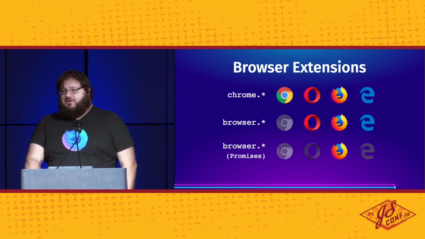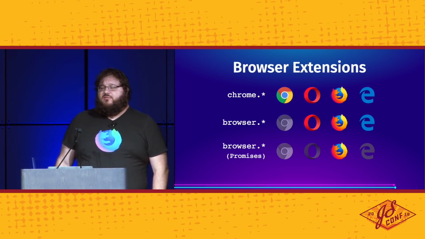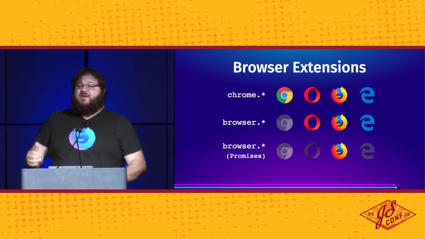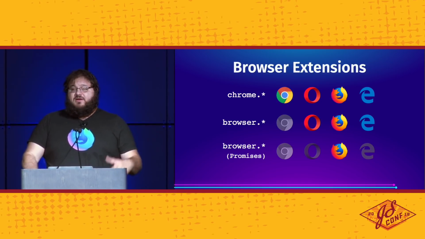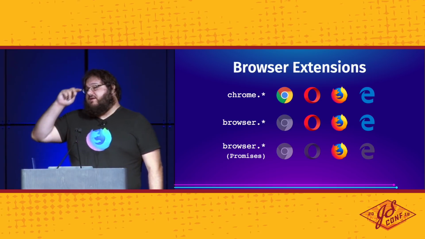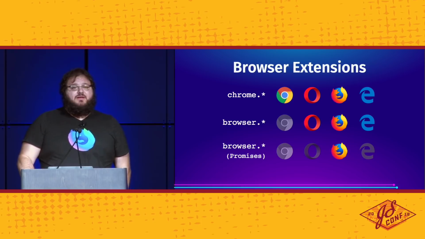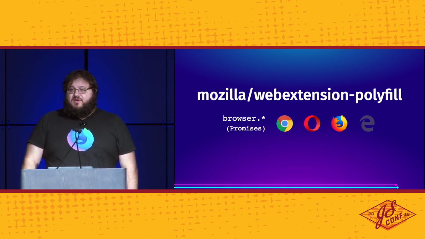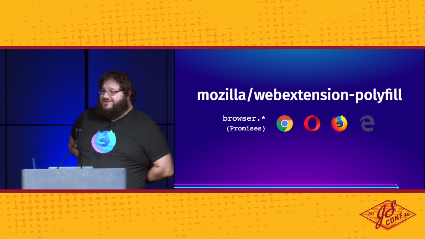Edge initially closed the bug that said they didn't support promises as works as intended, but they've reopened it because Edge is super, super awesome at responding to user feedback. And obviously, we're working all this out, and we'd love to even get Chrome's extension model updated to support promises so we can write pretty async await and modular looking things. However, there's a polyfill called the web extension polyfill.